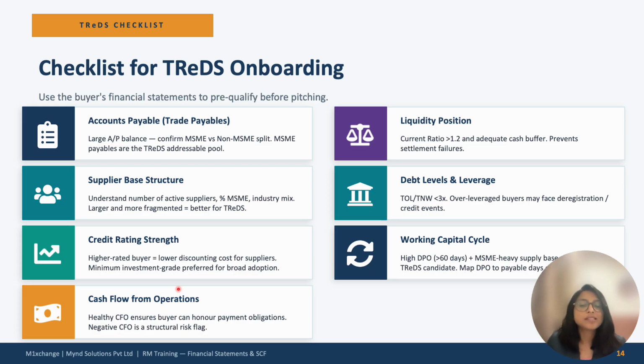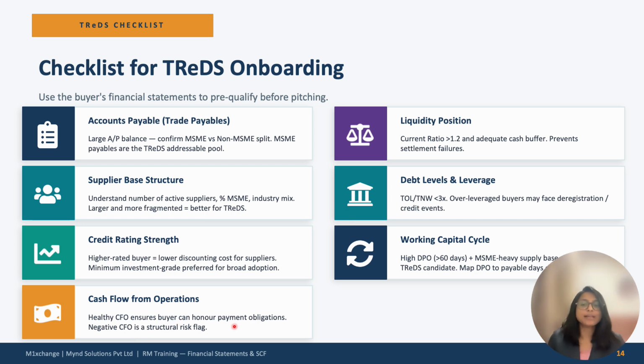Basis these external ratings, the financiers give a particular discounting rate to these buyers to discount the MSME suppliers' bills, right? So it will help those customers more where the credit rating is higher, right?